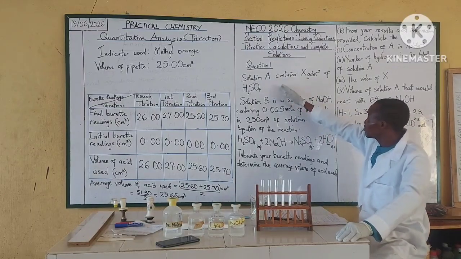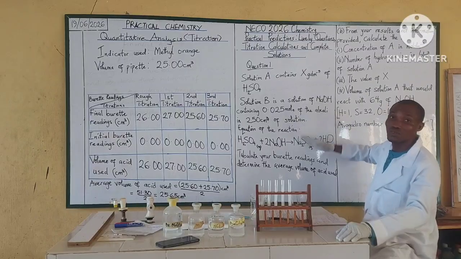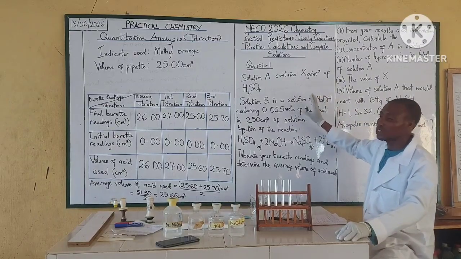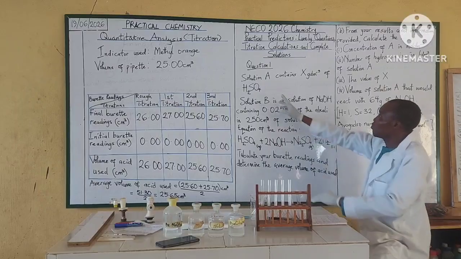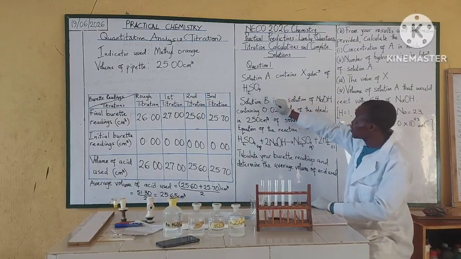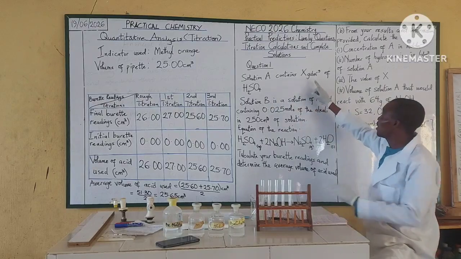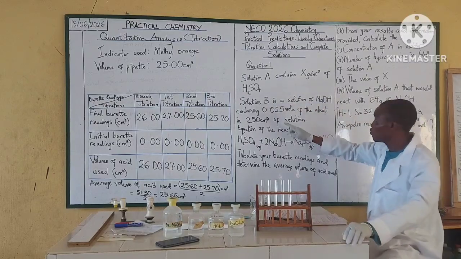We are going to treat a series of questions, but here is a typical example of questions that you may likely encounter. For the first one, solution A contains X gram per dm cube of H2SO4.